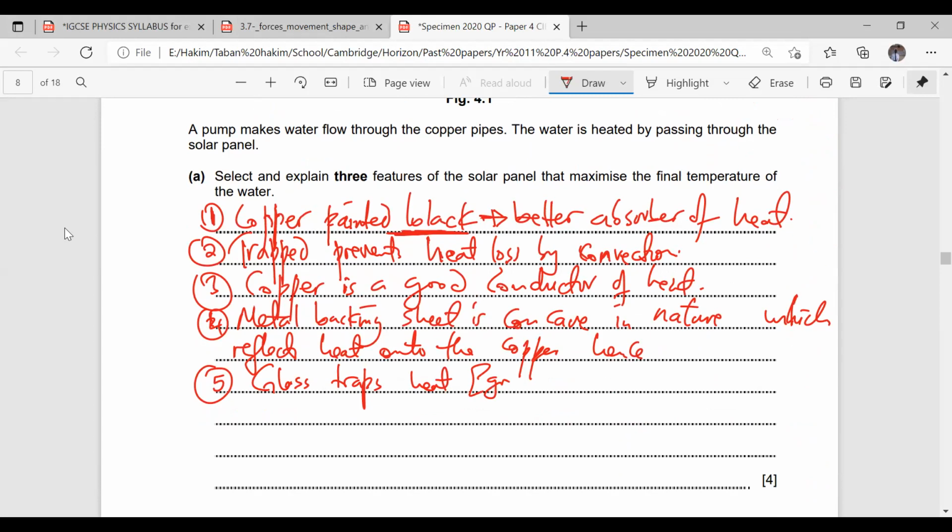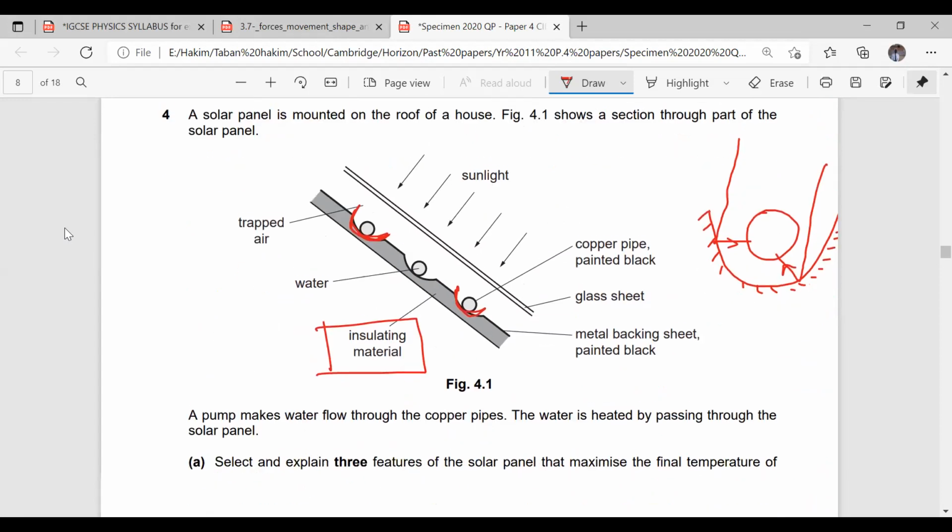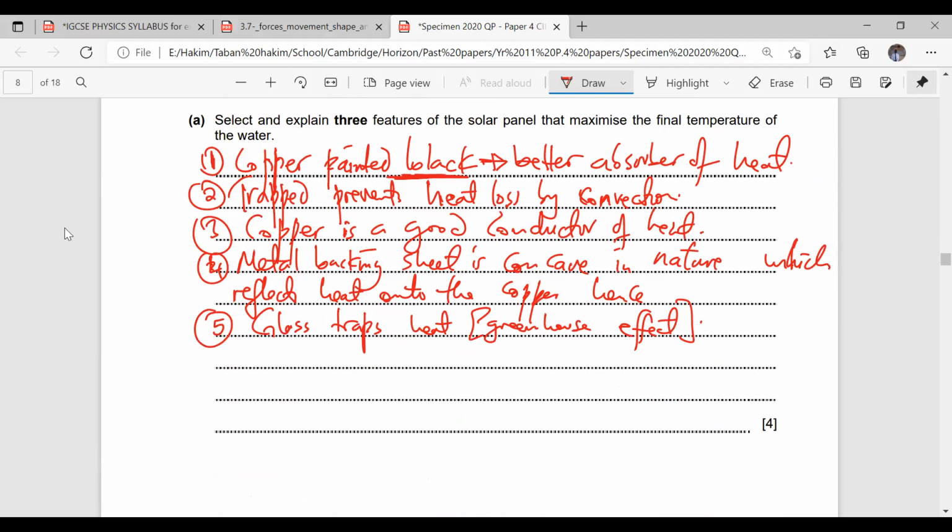In other words, the greenhouse effect. And then another point that we can think about here, Sunil mentioned it, only that she was not sure, is that we are having an insulating material. An insulating material is just to lower the loss of heat. Yes, insulating material.